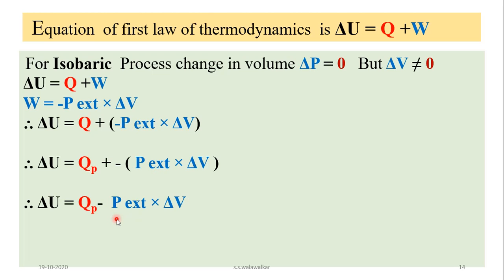So therefore QP is equal to delta U plus P delta V.